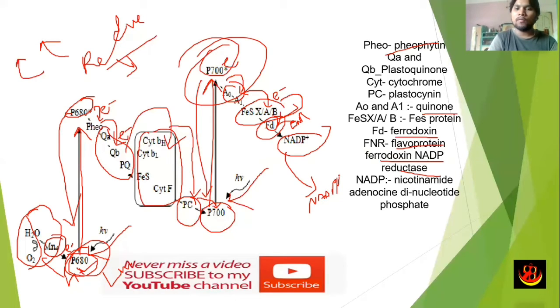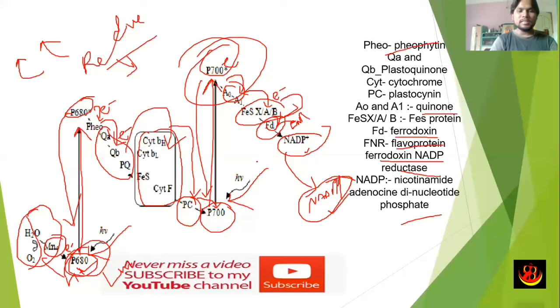This is also one of our energy-containing molecules. So from the iron sulfur complex the electron comes to ferredoxin, and with the help of FNR, ferredoxin converts NADP positive into NADPH, which now contains the electron. NADP means nicotinamide adenine dinucleotide phosphate; NADPH is the reduced form, and NADP positive is the oxidized form.